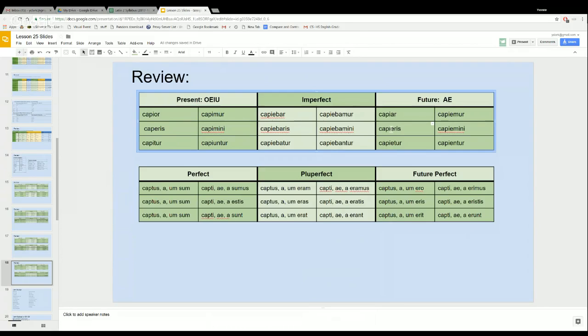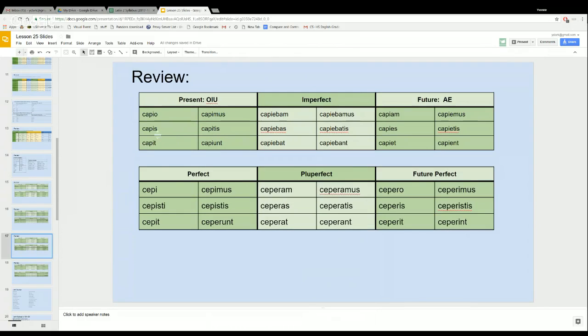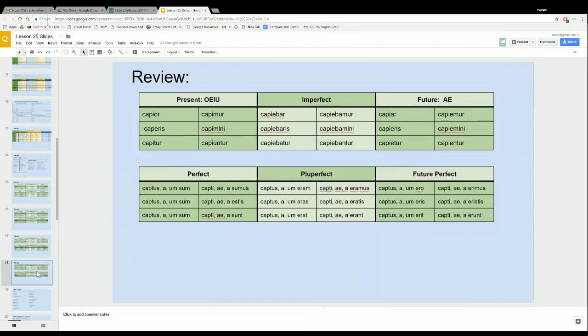So in this case, if it's an IO, they're completely different. The I pops up in the future, but not in the present. Again, if you look over here, it makes sense, because the I is popping up over here in the future, but not here in the present. I mean, yes, the I is there, but you don't have two vowels, is the point. It's just changing over completely.